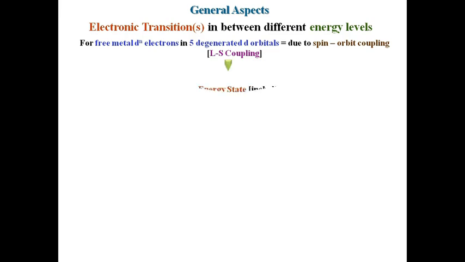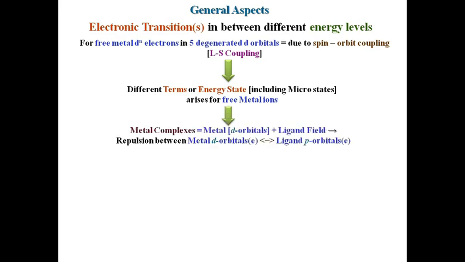Due to this coupling, different terms or energy states including microstates arise for free metal ions. Again, for metal complexes, generated due to the interaction between metal d orbital electrons and ligand field, such as octahedral or tetrahedral field, repulsion between metal d electrons and ligand p electrons takes place.